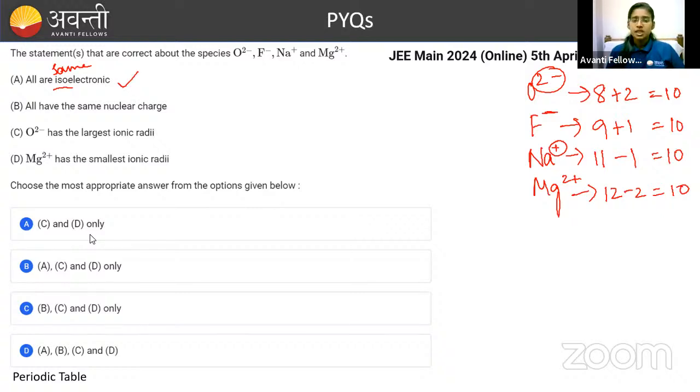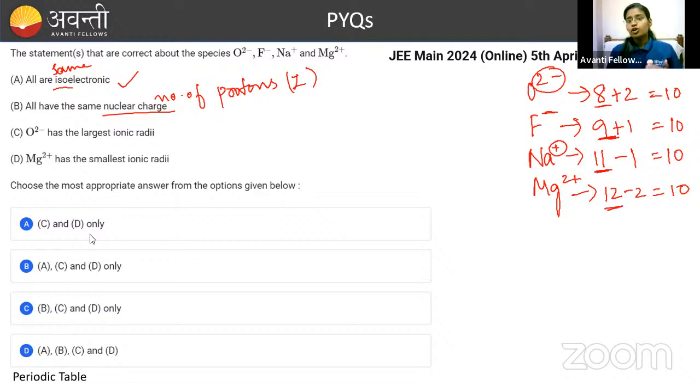Coming to statement B: all have the same nuclear charge. What do you think about this? What is meant by nuclear charge? It is the number of protons, which is nothing but the atomic number. The atomic number of oxygen is 8, fluorine is 9, sodium is 11, and magnesium is 12.